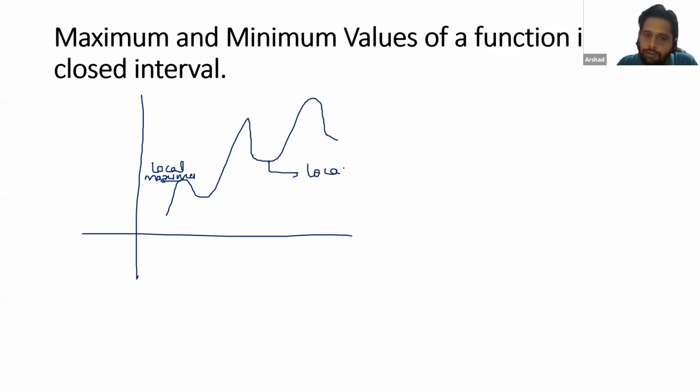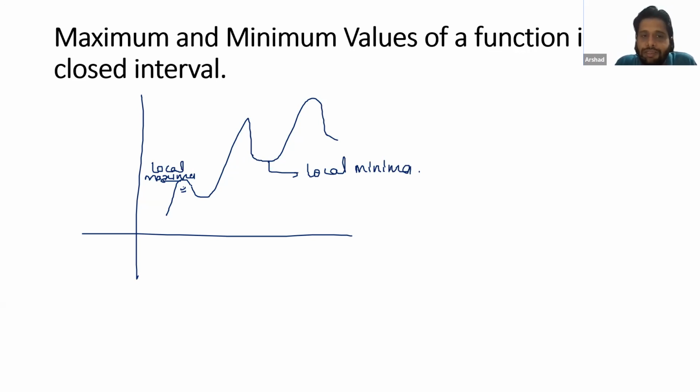So here we can see that local maxima is not the maximum value of a function. Okay. Yes, that's correct. From the graph you can see that this local minima is even greater than this local maxima. So local maxima means the value is greater than the neighboring values.